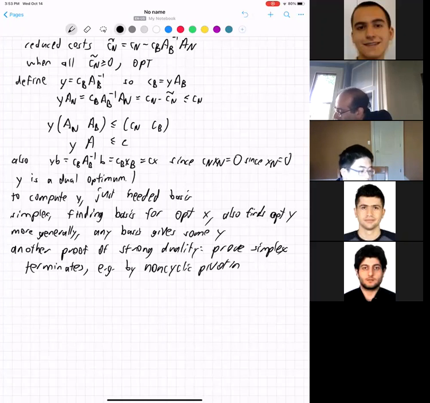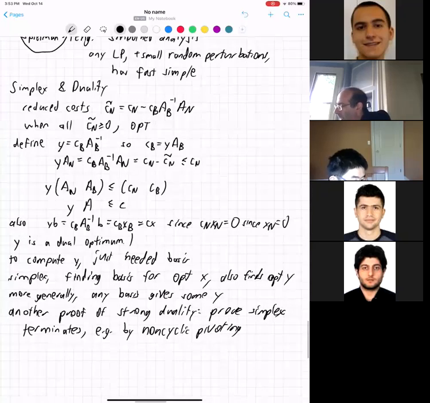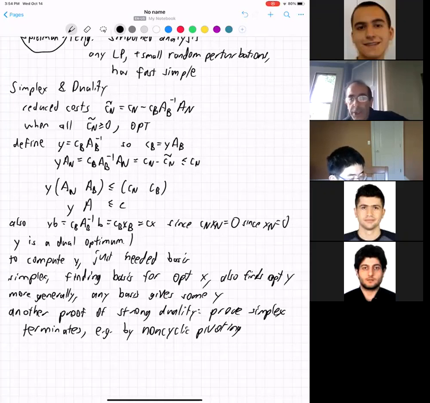Because when simplex terminates, we have these non-negative reduced costs, and that gives us an optimum dual and shows us that their objective values are equal. Okay, so we used a kind of structural physics-based argument to prove strong duality, but this gives you a way to prove strong duality algorithmically. Okay, questions?